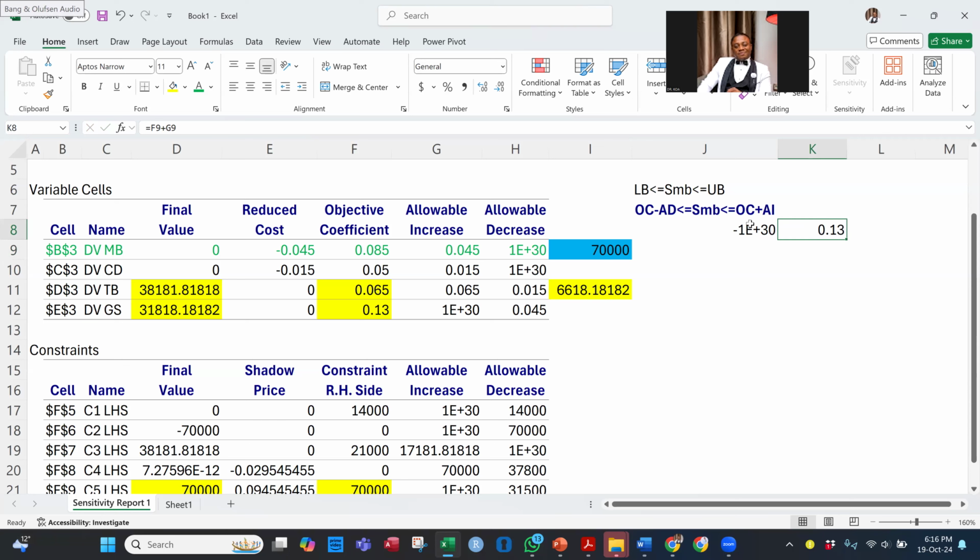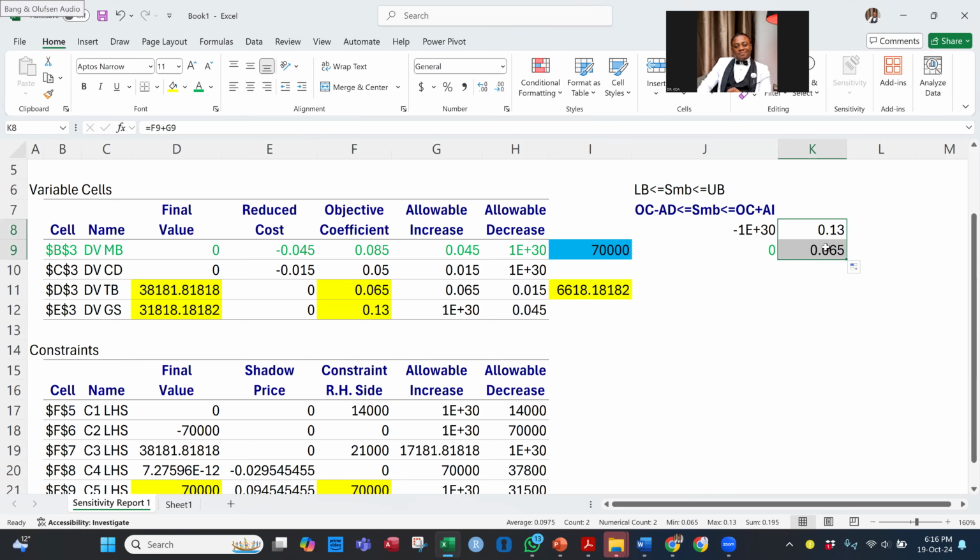But we will not take the negative infinity. Why? Because one of the rules of linear programming is the non-negativity constraint. So anytime you get a negative value, take it as 0. So write 0 rather than that. And then the upper bound should be the usual positive value that you have.